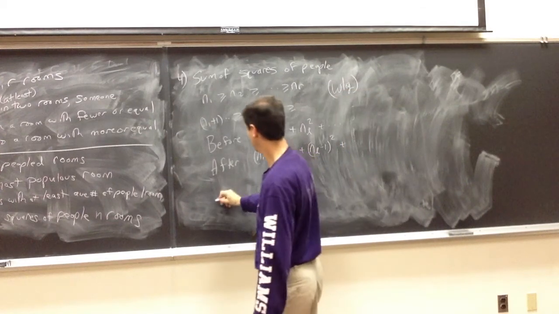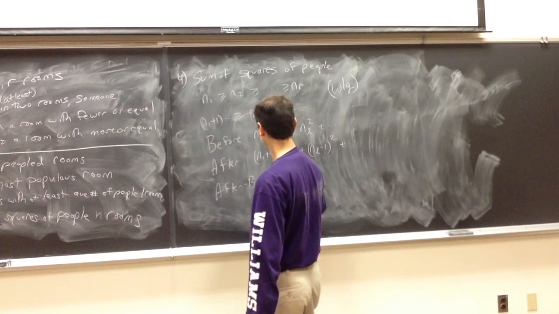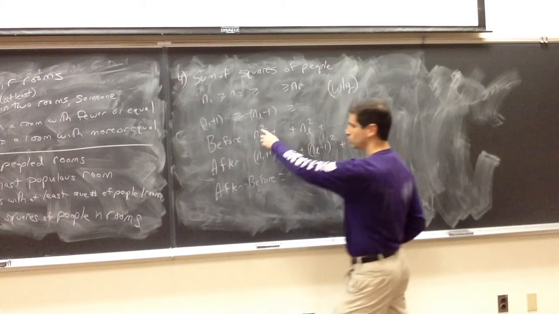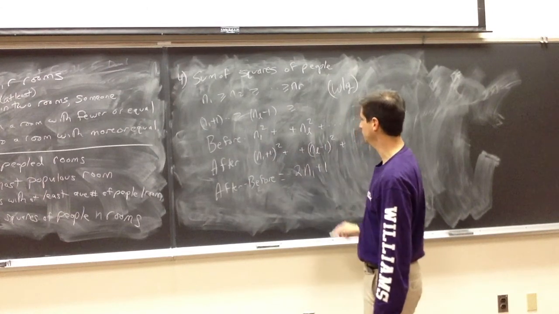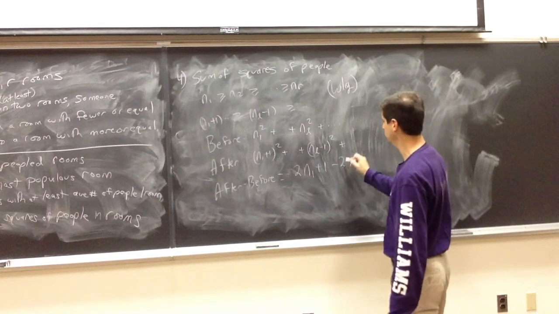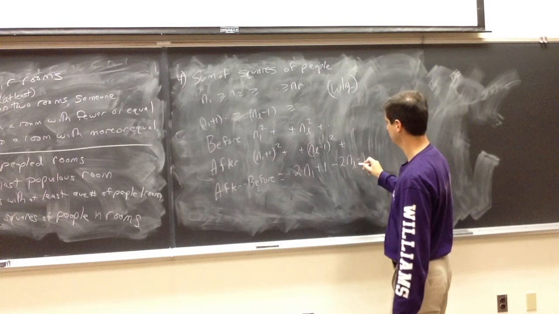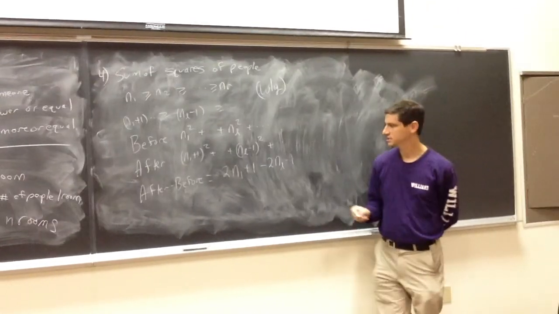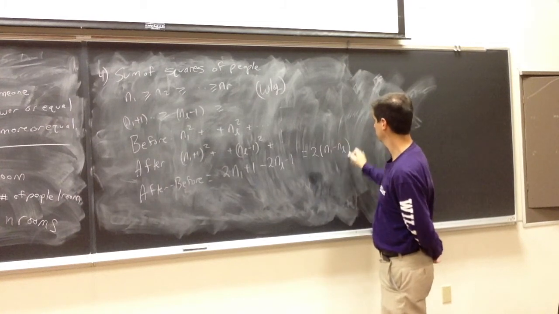So the change, after minus before, so the n1 squareds cancel. I get 2n1 plus 1. The nl squareds cancel, and I get a minus 2nl minus 1. And what does that sum equal? It's going to be 2n1 minus nl.